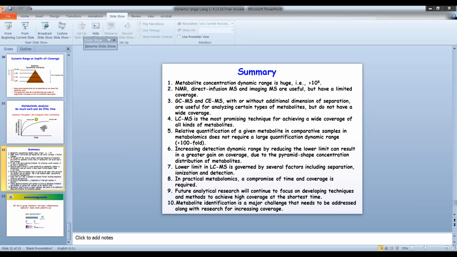But I think more interesting questions in terms of coverage would be, do many groups use ways to concentrate the samples prior to injection or analysis, for example, solid phase extraction or other ways? And do we expect any major or large breakthroughs in the nearby future in terms of the coverage?